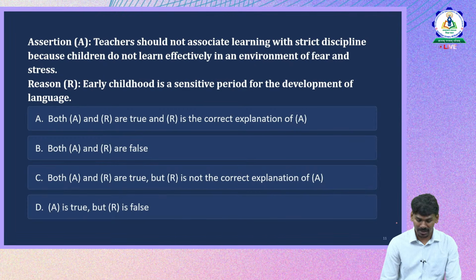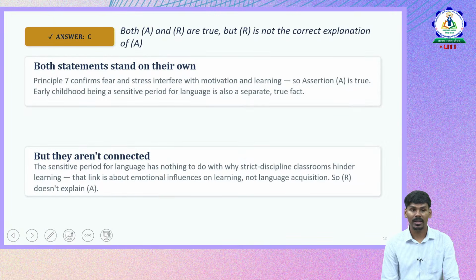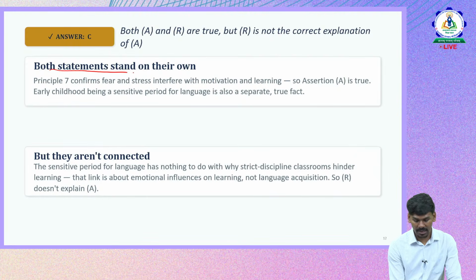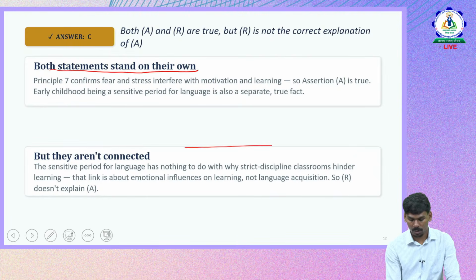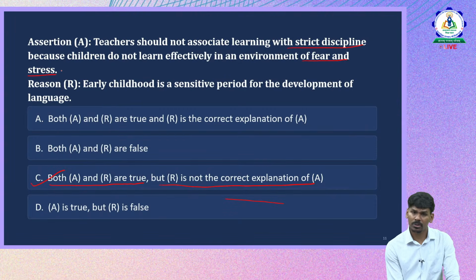So the correct answer here is that both assertion and reasoning are true, but the reasoning is not the correct explanation for assertion. Okay? Both statements stand on their own. When you look at both the statements, teachers should not associate learning with strict discipline because children do not learn effectively in an environment of fear and stress, which is true.